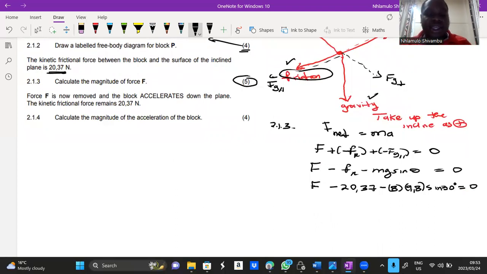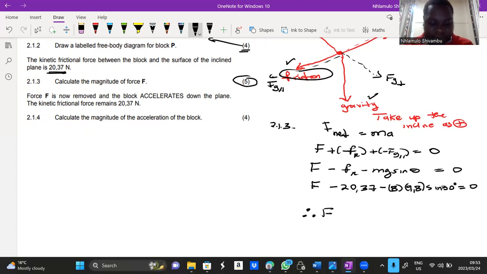And obviously, all these will assist us to get the magnitude of F. So if you simplify here, you're going to get the magnitude of F as 20.37 minus 8 times 9.8 sine of 30 degrees.